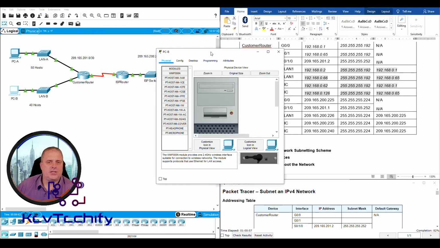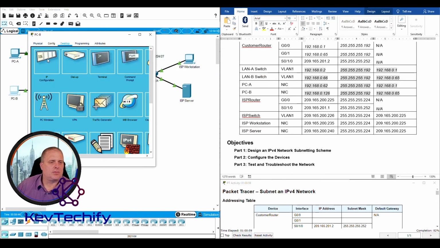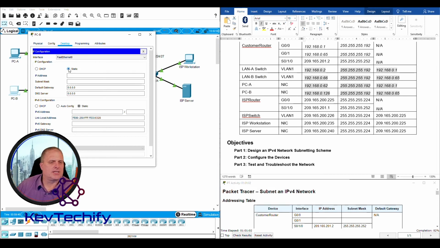Open up PC B, click on desktop, IP configuration, make sure we're on the static here, enter in our IP address. Once again, looking at our chart, here's our IP address information. IP address 192.168.0.62. Sorry, wrong one. 192.168.0.126.